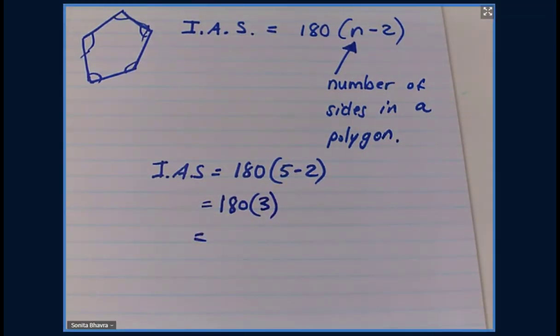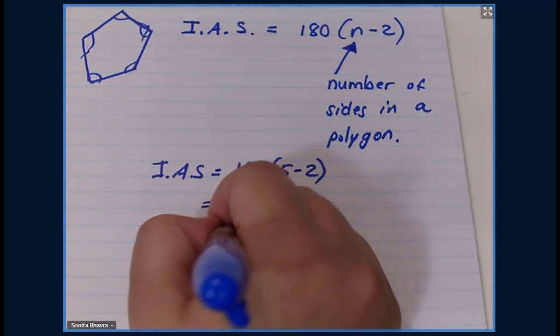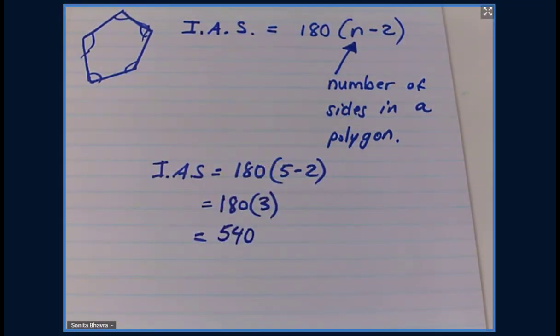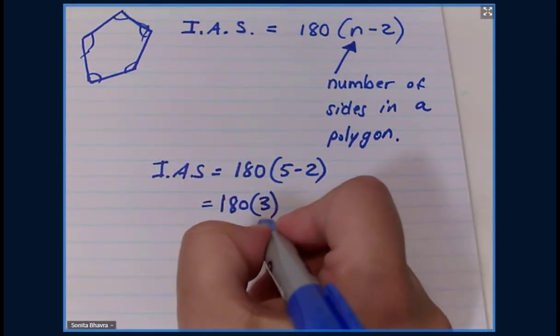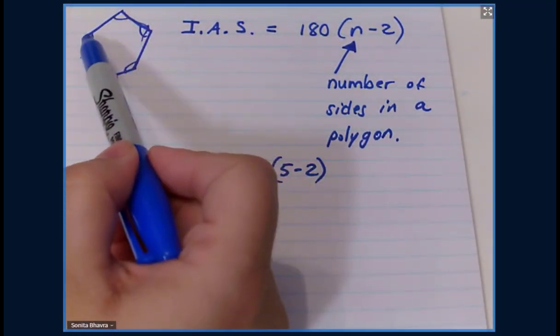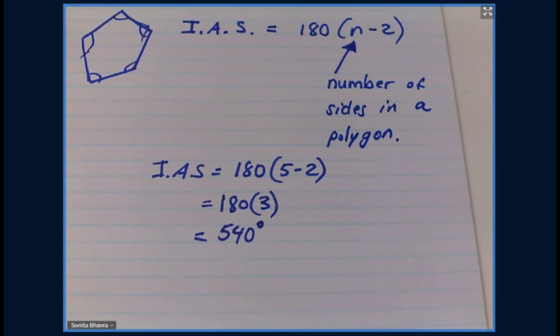Put that in the calculator, and you would get 540. 180 times 3 is 540. So what that means is the interior angle sum of a pentagon is 540 degrees.